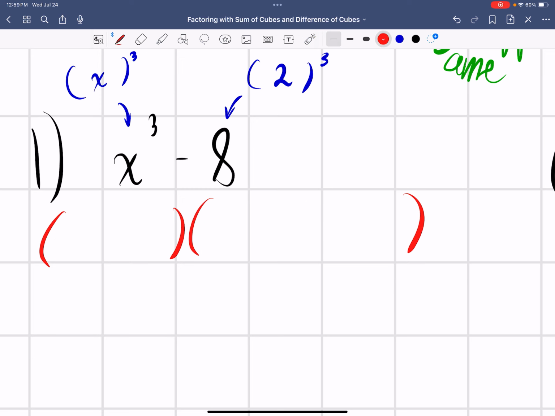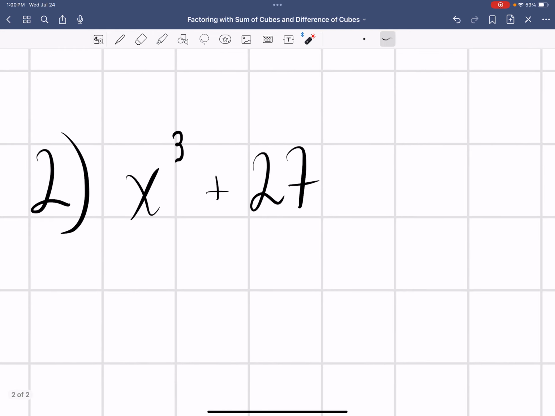So that's going to be a, which is x, b, which is 2, a squared, x squared, ab, 2x, b squared, 4. And then for the signs, we have same, opposite, plus. And we're done. As always, we check to see whether there's anything that's still factorable any further, but neither of these two expressions are factorable. So we're done. On to the next.